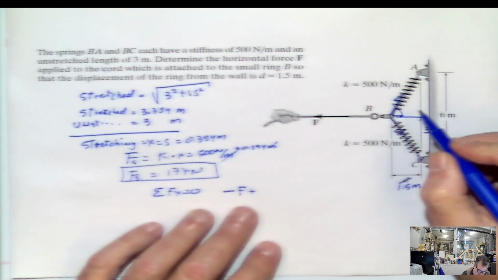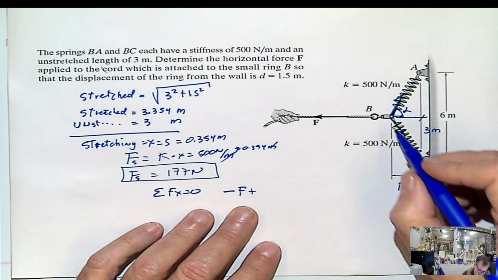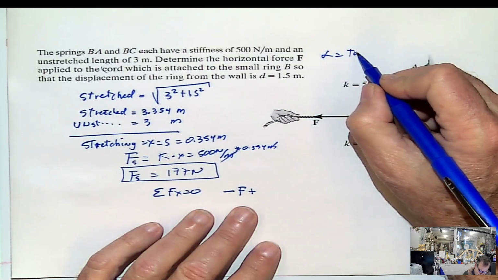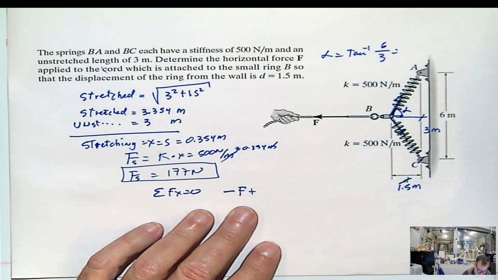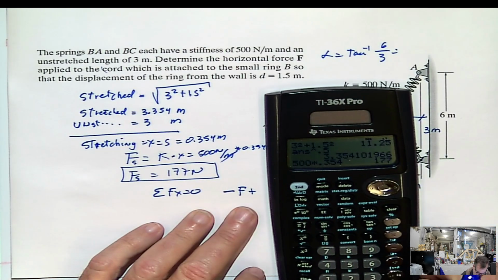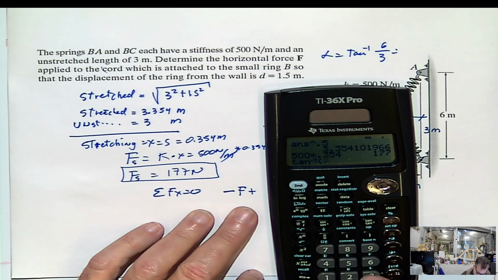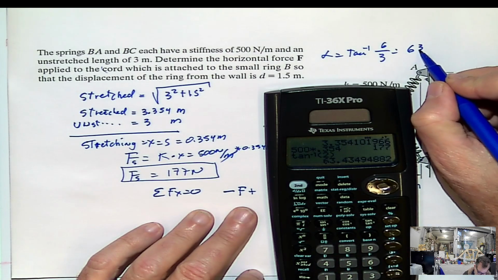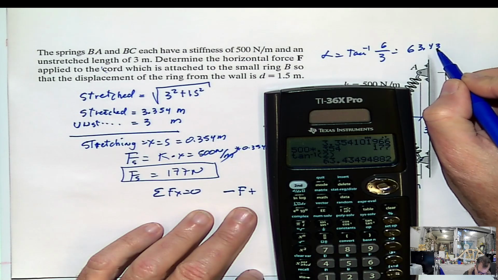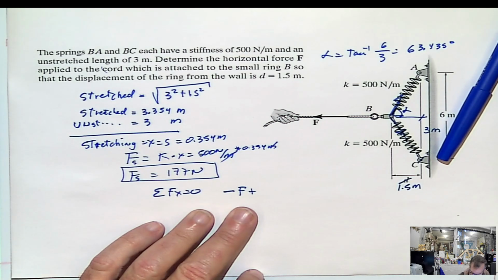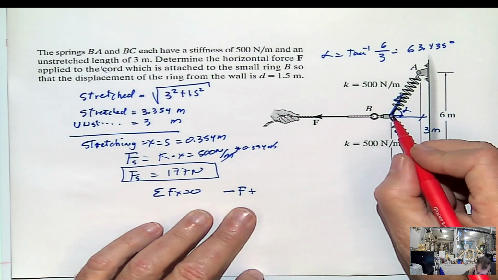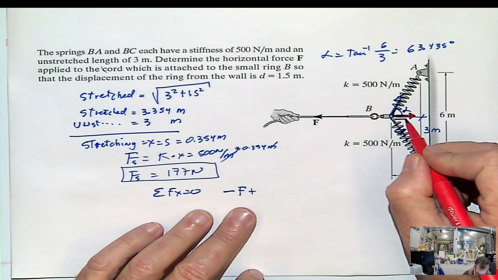And the angle here, alpha, is very easy to calculate because alpha will be the inverse tangent of 6 divided by 3. 6 divided by 3 is 2. So the angle will be 63.435 degrees.